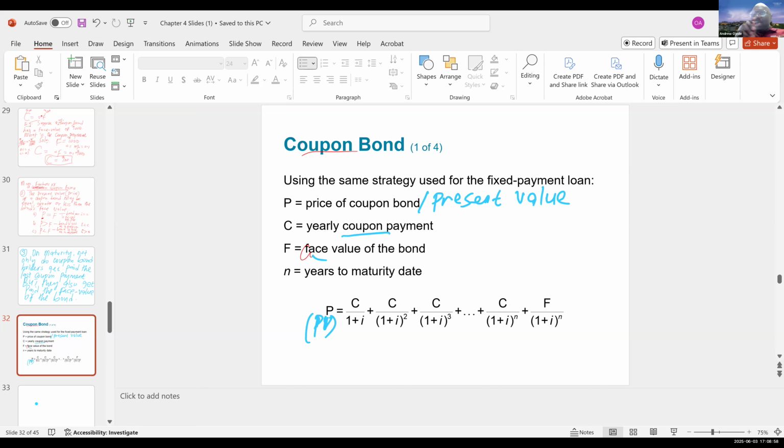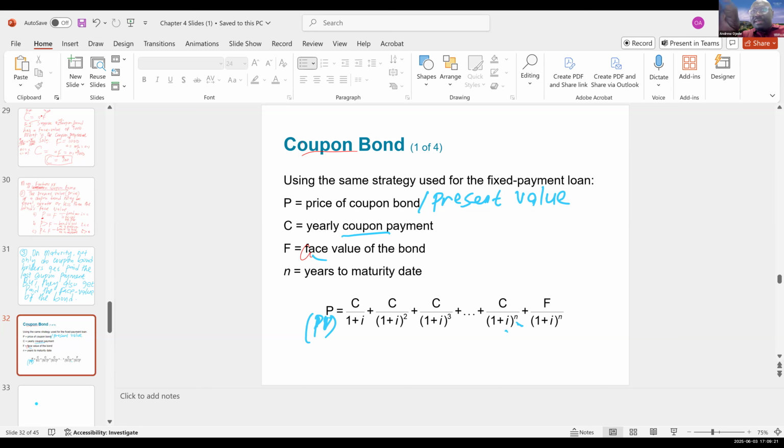Because when you buy a coupon bond today, let's say in 2025, after 1 year you're going to receive maybe a $1,000 coupon payment. Let's say it's a 10-year bond. If your coupon payment is $1,000, you're going to be receiving $1,000 for 10 years. If N is 10, you would have received $1,000 for 10 years.